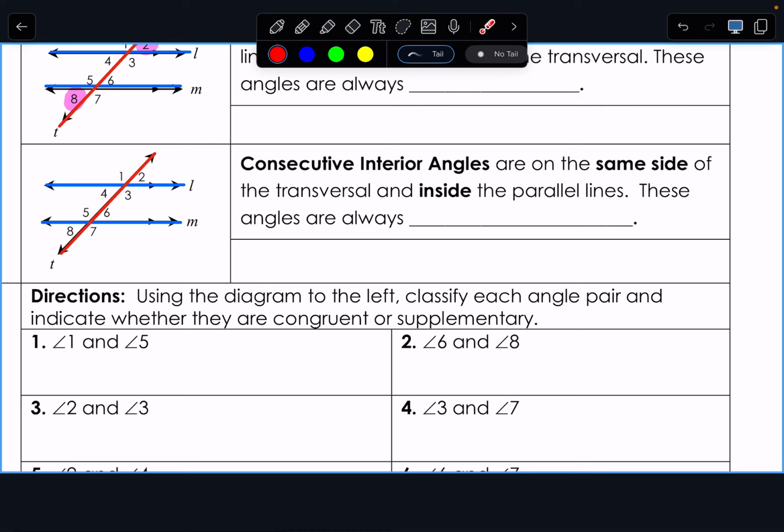We say consecutive because they won them in a row, back to back. Go Chiefs. So if I highlight 4, consecutive means back to back, but it can't be adjacent. So it's not 3, it's 4 and 5.